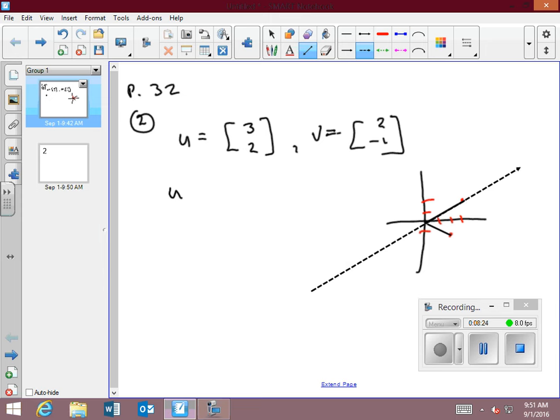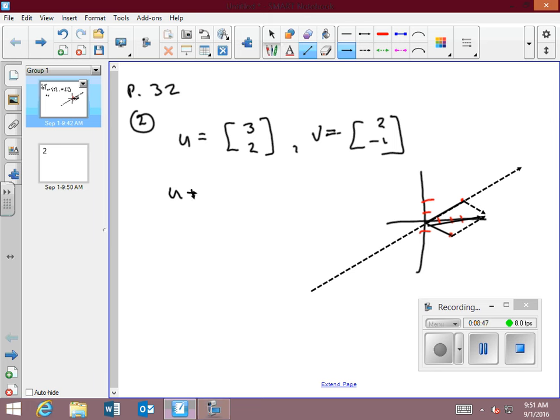You'd be on that line someplace, right? And you can get wherever you want. But if we do a parallelogram here, if we add the 2, that's that, right? And that's that vector right there. Correct?